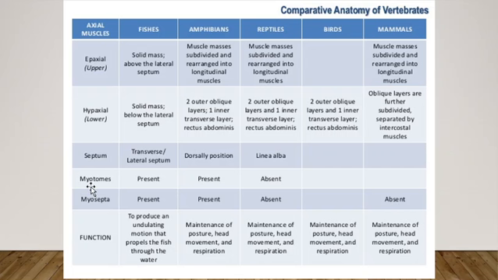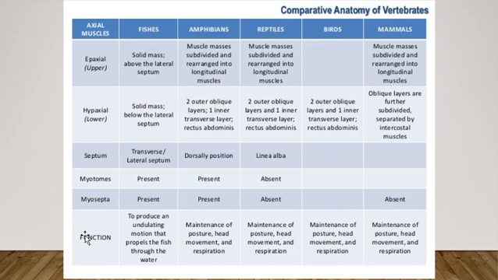Myotomes are present in fishes, absent in reptiles, and nothing in birds and mammals. Myosepta are present in fishes. In amphibians it is present. The myosepta are absent in reptiles. Birds and mammals, absent. So those are in terms of structure.